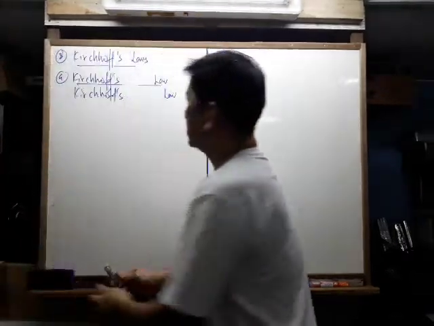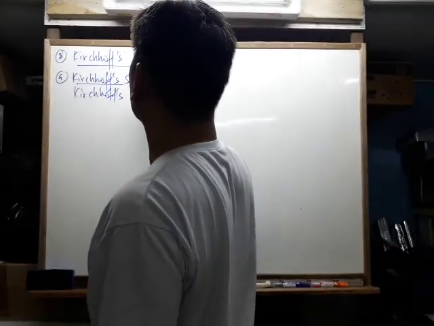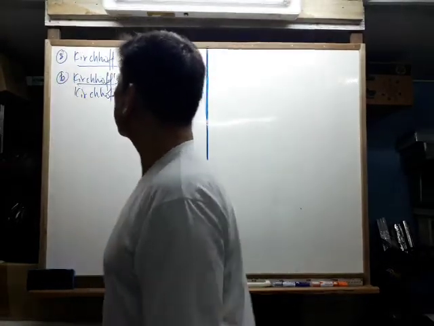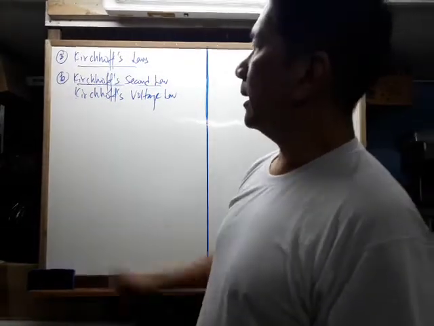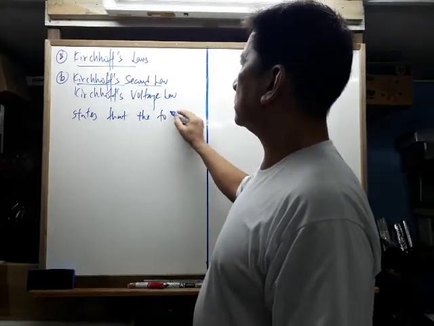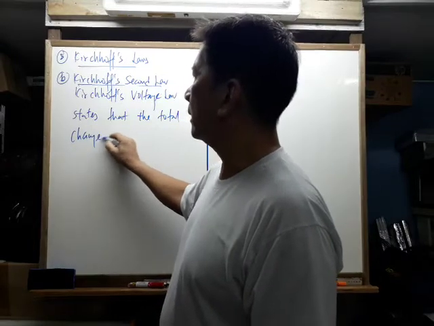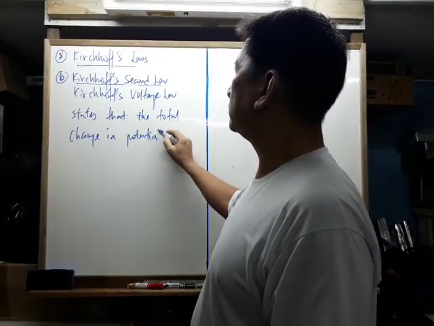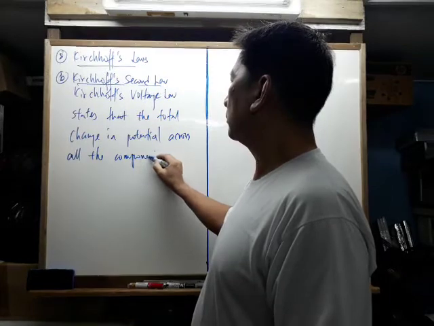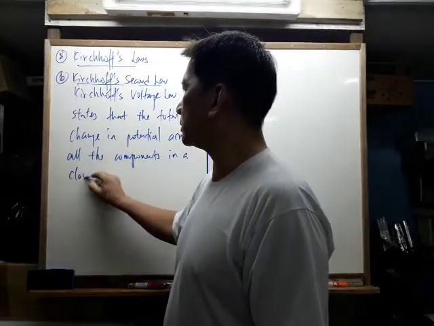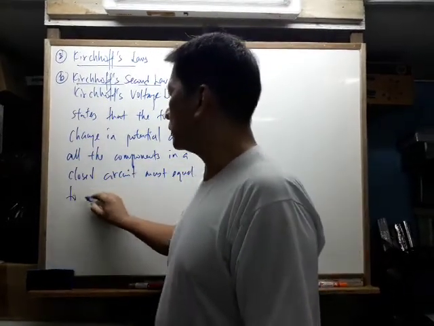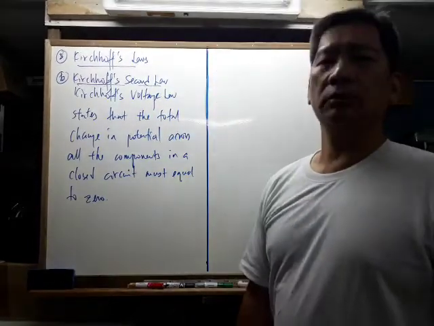Okay, so our Kirchhoff second law, or Kirchhoff voltage law, states, we start with the statement first, that the total change in potential across all the components in a closed circuit must equal 0.